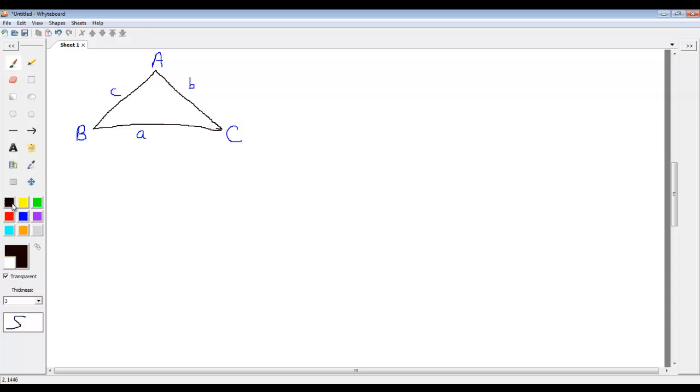What we know about this triangle is that angle A is 61.4 degrees, side A is 35.5 centimeters, and side B is 39.2 centimeters.